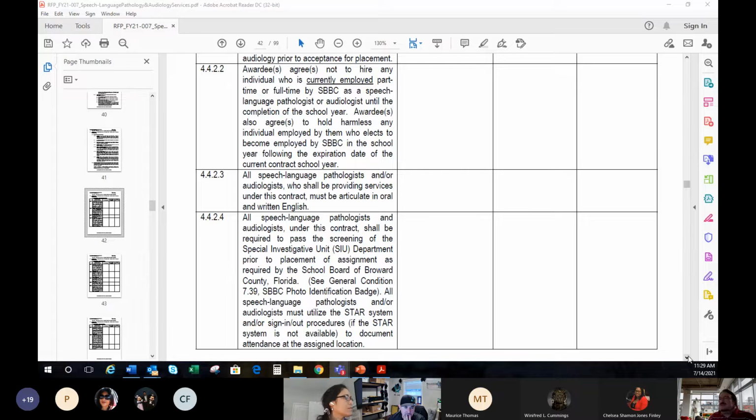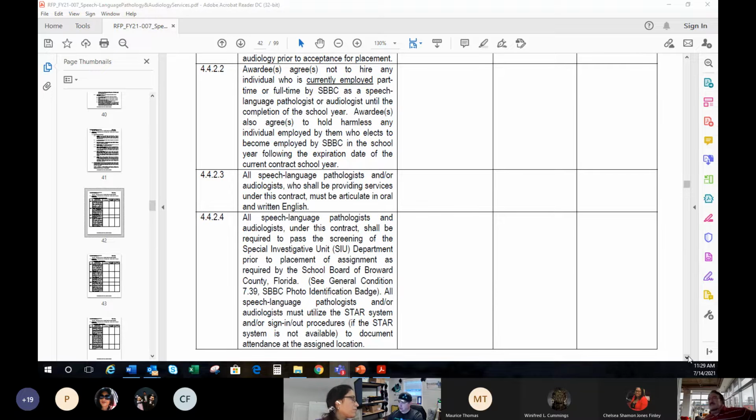Also, it says all speech language pathologists and or audiologists must utilize the STAR system. The STAR system is basically a login system, and it can also be used, for example, if you're not under contract. It will take your driver's license and make a photo ID of you that you stick to your shirt. That lets people know that you've logged in and have met the procedures under the STAR system, and to document attendance at the assigned location.